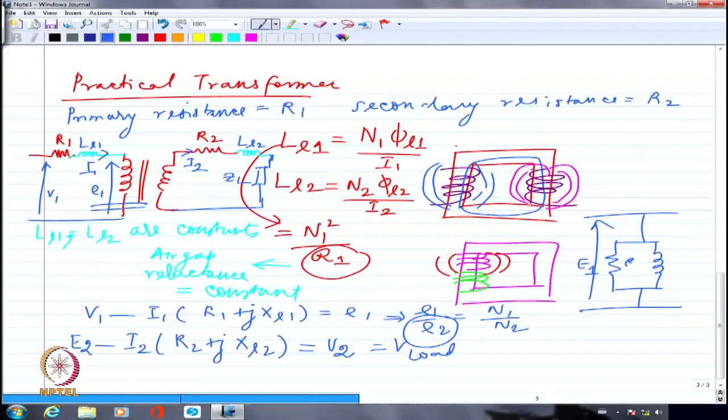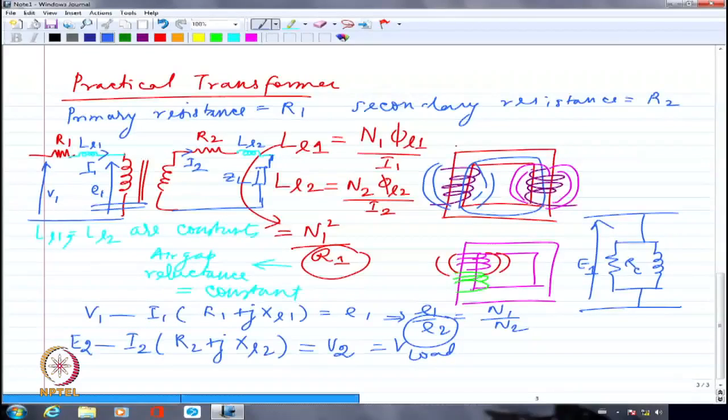This resistance, what I am showing as RC, is a fictitious resistance. You can't put a multimeter and measure the core resistance and say that is what is RC. No, not at all. This is essentially due to the hysteresis losses and eddy current losses that take place within the core.